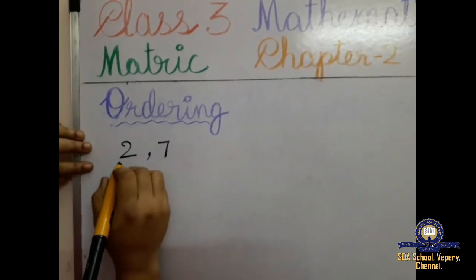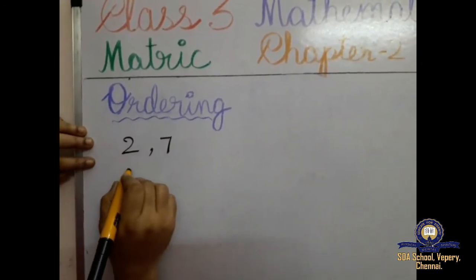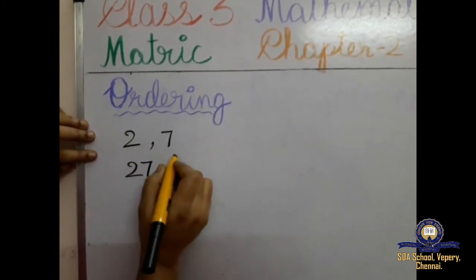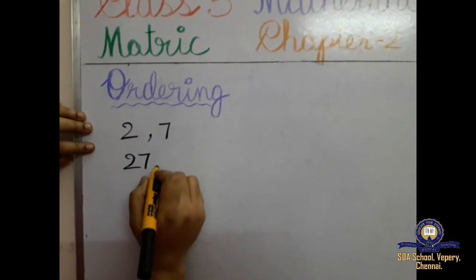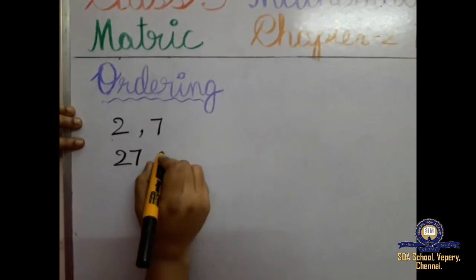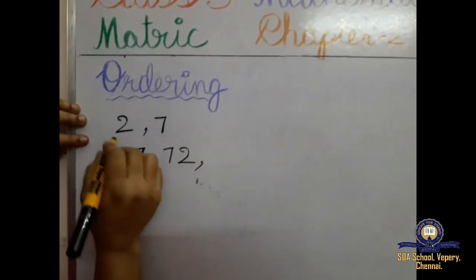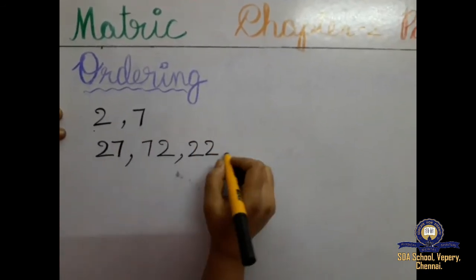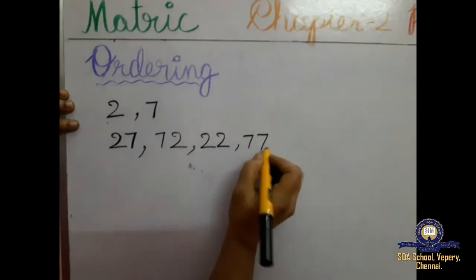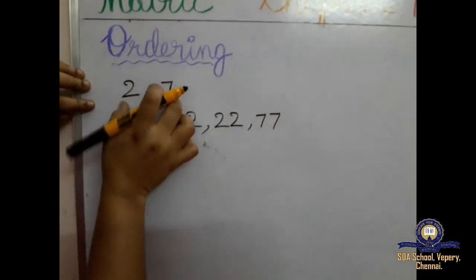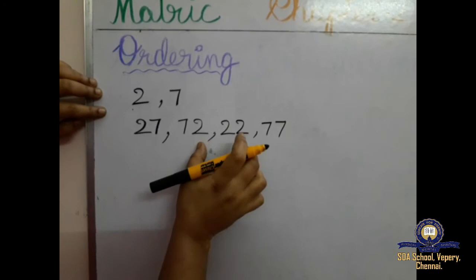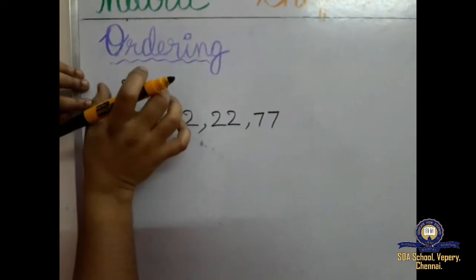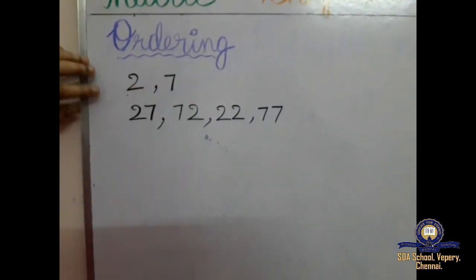Possible numbers like 27, we can form a new number with these two numbers itself. And 72, 22, 77. With these two numbers itself, we can form 4 different numbers. That is called ordering.